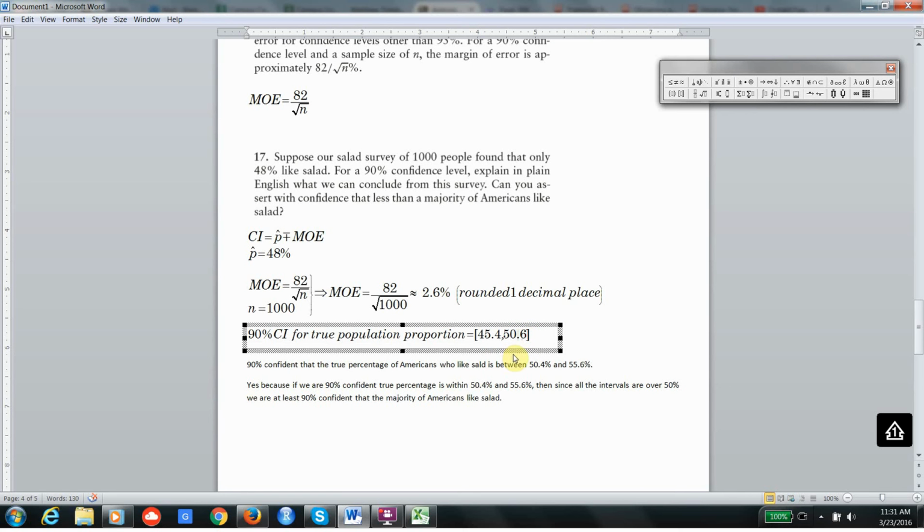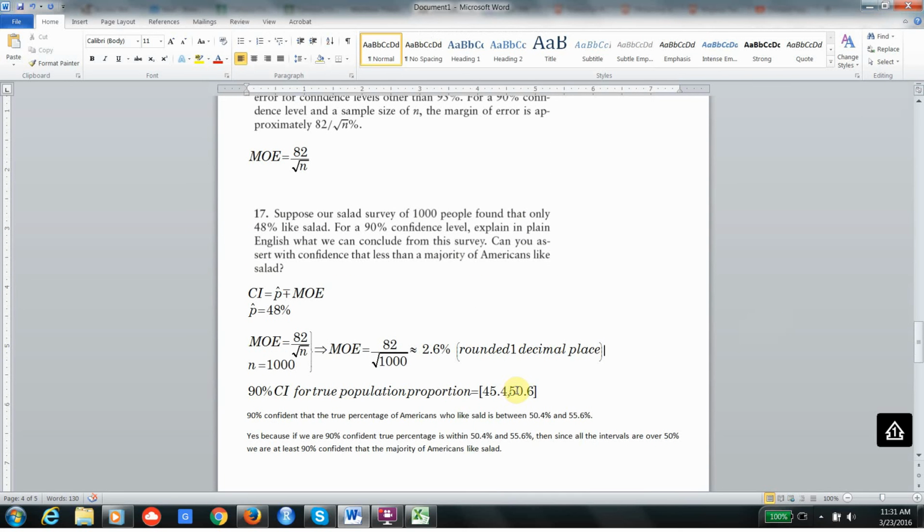Now notice that 50% lies in here. You kind of have to look at this interval, but 50% basically lies at the far end of this interval.